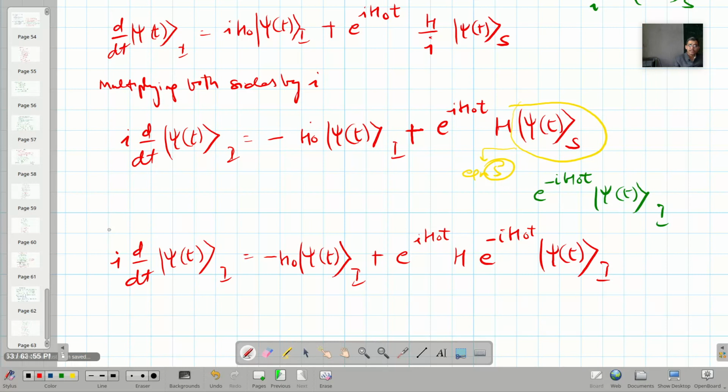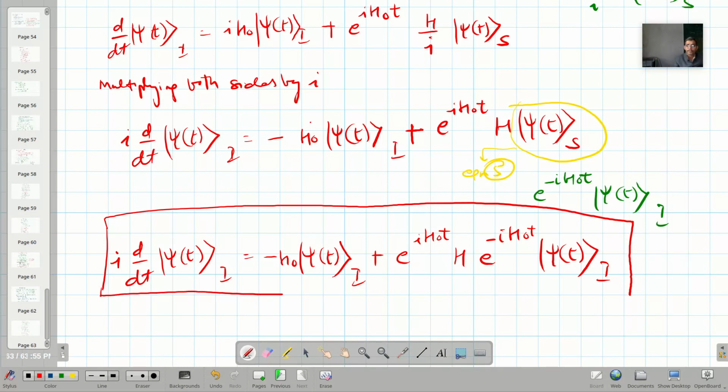So this is the equation. Now this has been transformed into an equation in which psi t s is not sitting. Now let us remodify it.